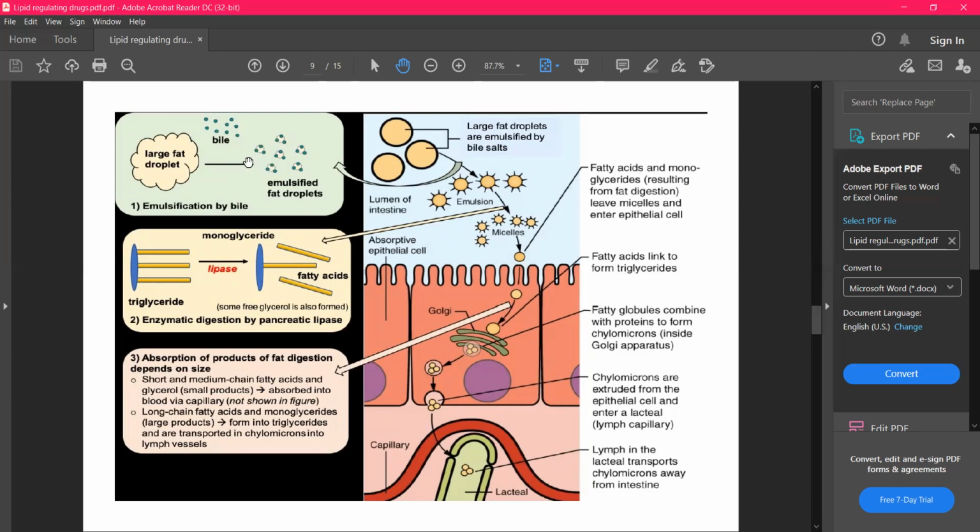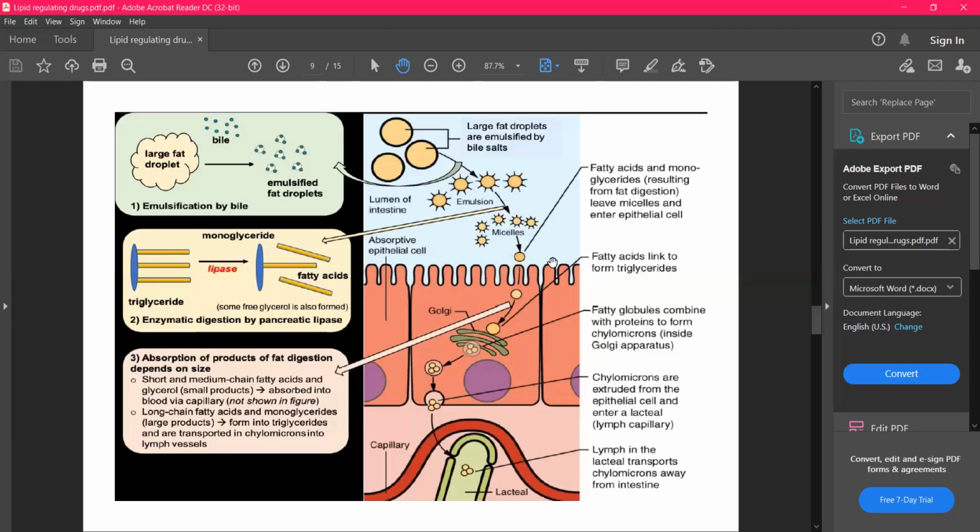That means they've turned them into amphiphilic. So bile acids, which are negatively charged, cluster around the products of fat digestion, and they form small clusters called micelles.